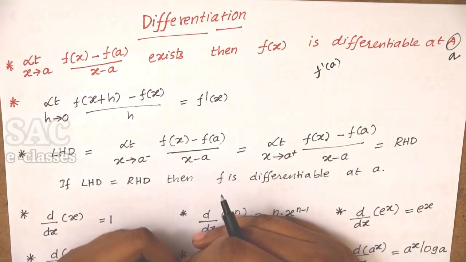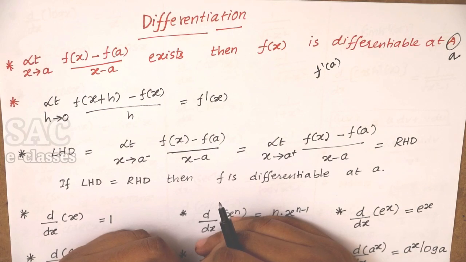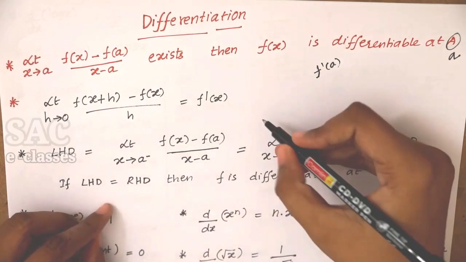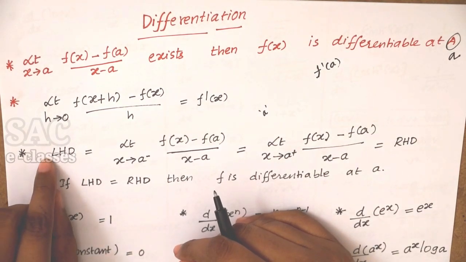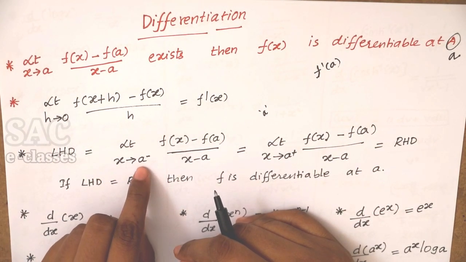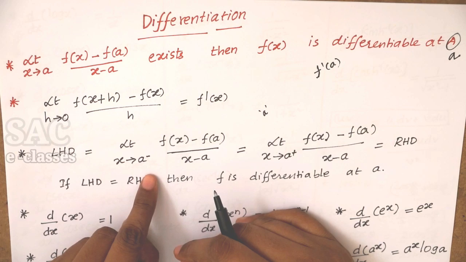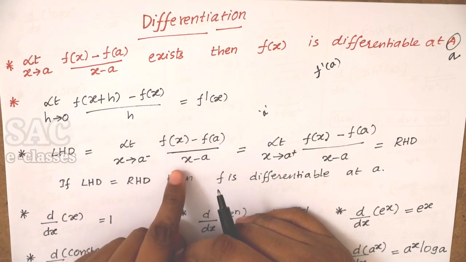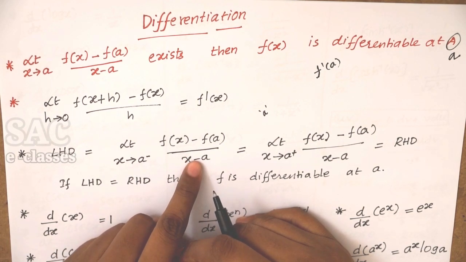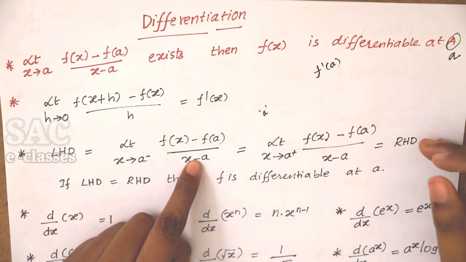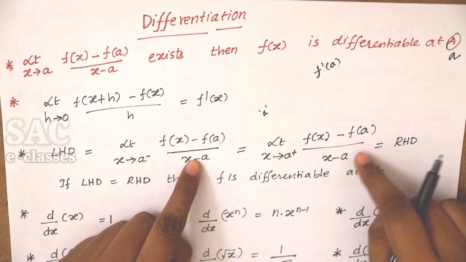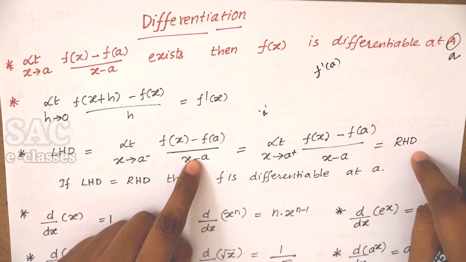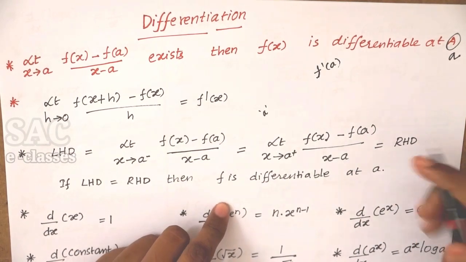Usually the basic condition of differentiation is this: if a is any point, the left hand derivative, the limit as x tends to a minus of (f(x) minus f(a)) by (x minus a), may exist and equal the limit as x tends to a plus of (f(x) minus f(a)) by (x minus a), which is otherwise called RHD.